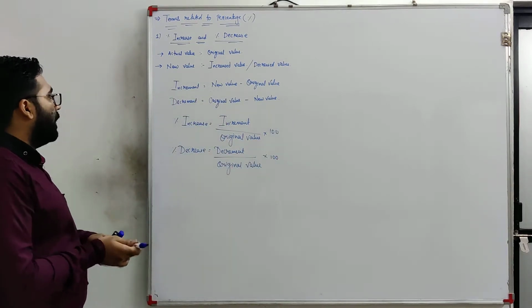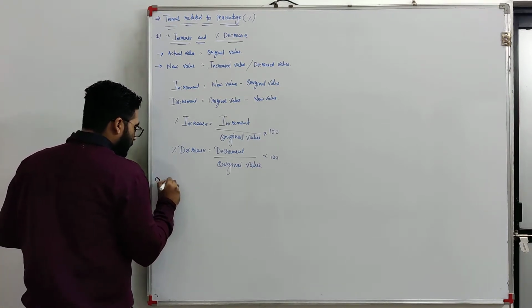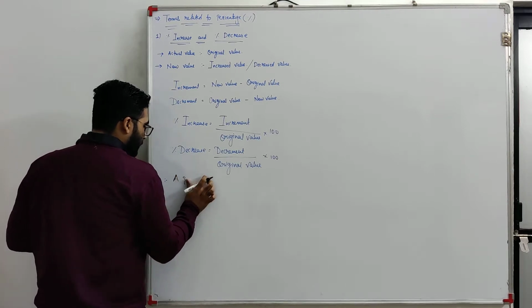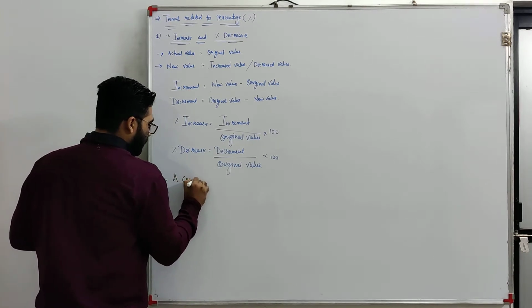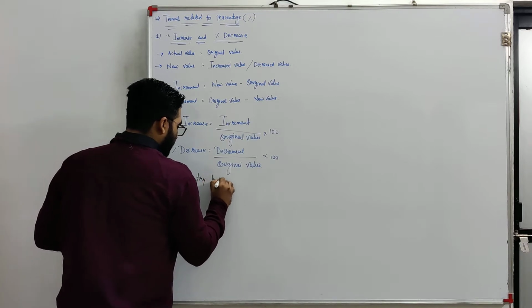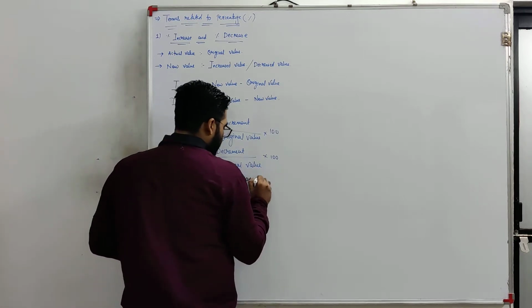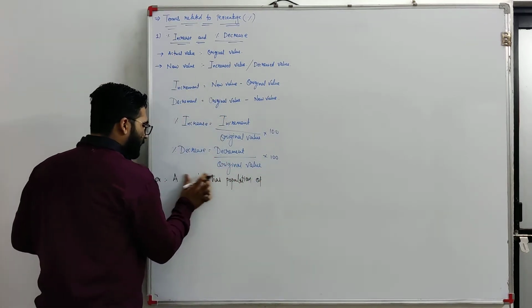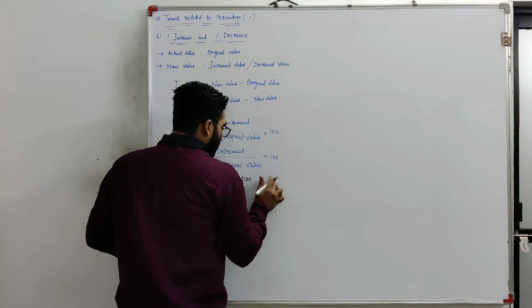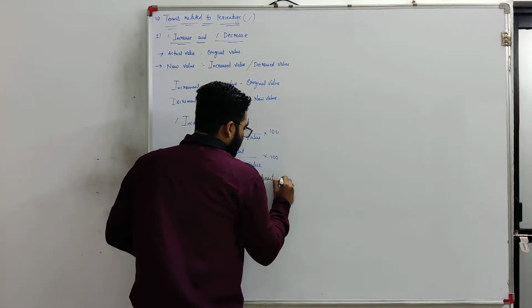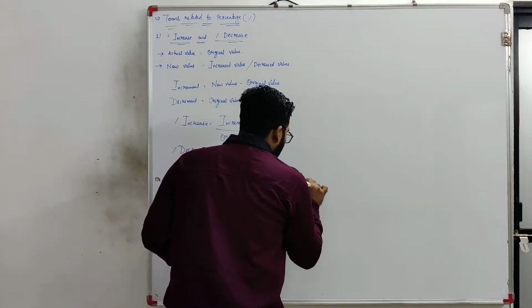Let me take an example. A village has a population of about 20,000 people.